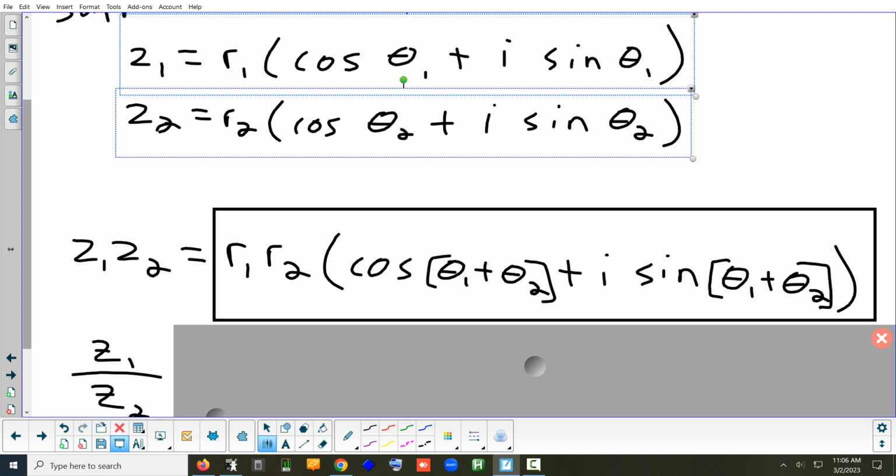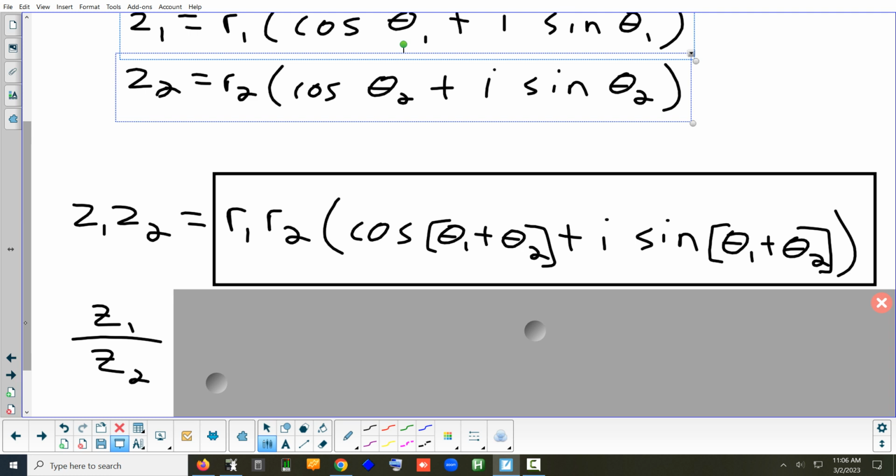Now dividing, I just went through that. I showed you what happens there. You got to use the conjugate, you got to FOIL it, combine like terms, all that stuff. Well, if they're in trig form, we have a formula that's very similar to what's up above. We just have to tweak it for division instead of multiplication. Up here, we multiplied R1 and R2.